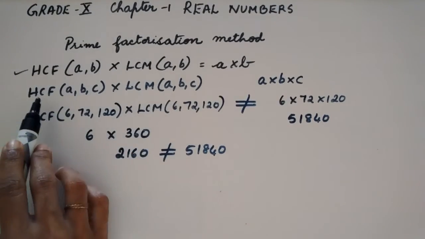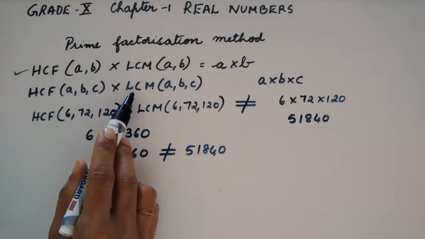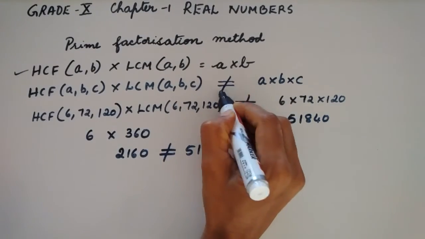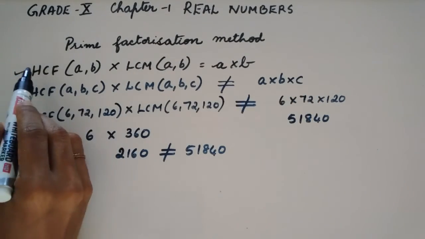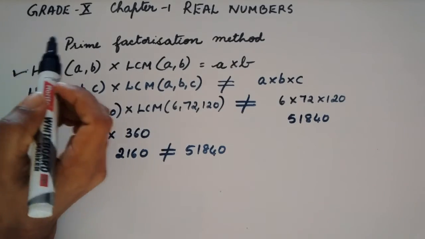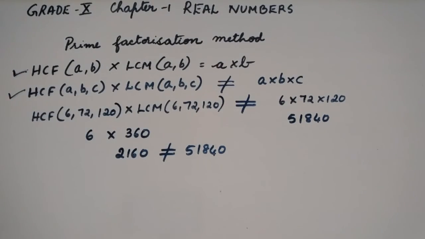Okay, remember, students. So HCF of A comma B comma C into LCM of A comma B comma C will not be equal to A into B into C. But this result is true for two positive integers, but it is not true for three positive integers. Is this clear, students? Thank you, students.